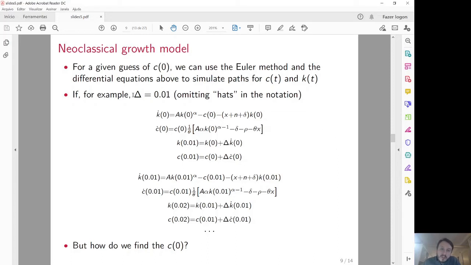So let's continue with the case in which we define big delta equal to 0.01, which means that we are going to compute capital, for example, at time 0, time 0.01, 0.02, 0.03, and so forth.